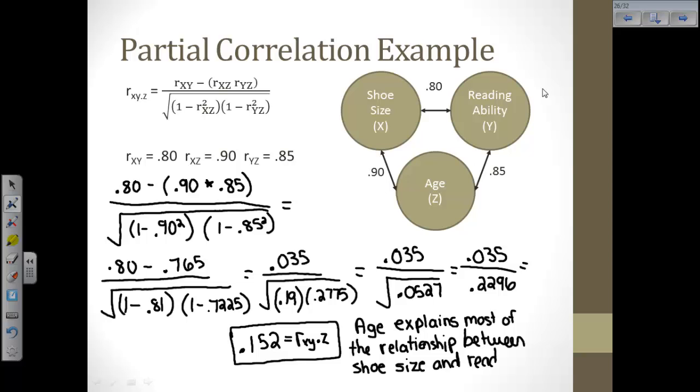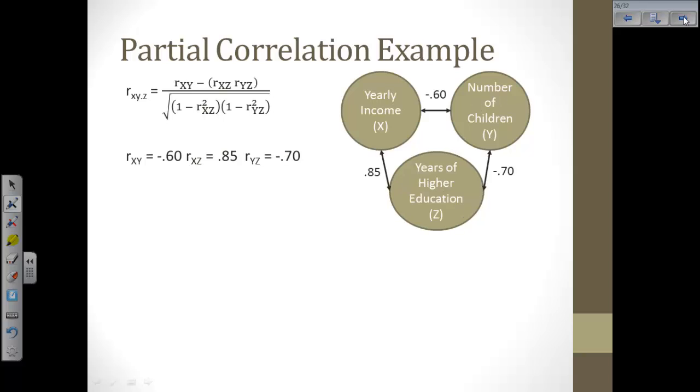All right. Let's do another example. So looking at that relationship between yearly income and number of children, after controlling for the fact that those who go to school longer tend to have fewer children and tend to have a higher income. All right.